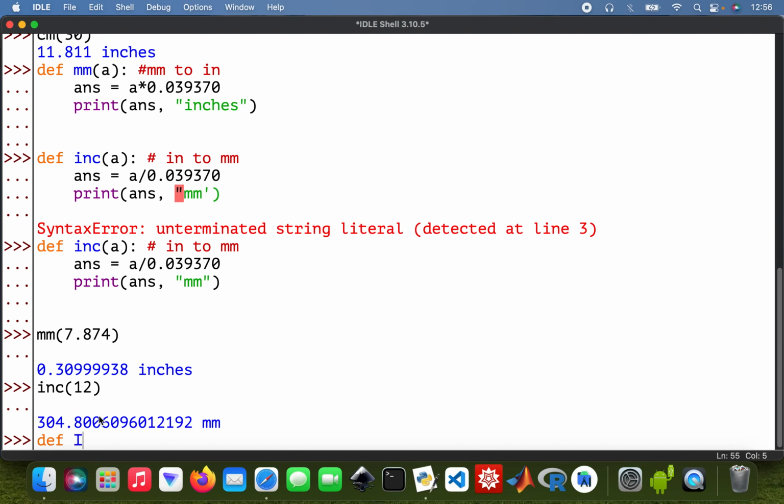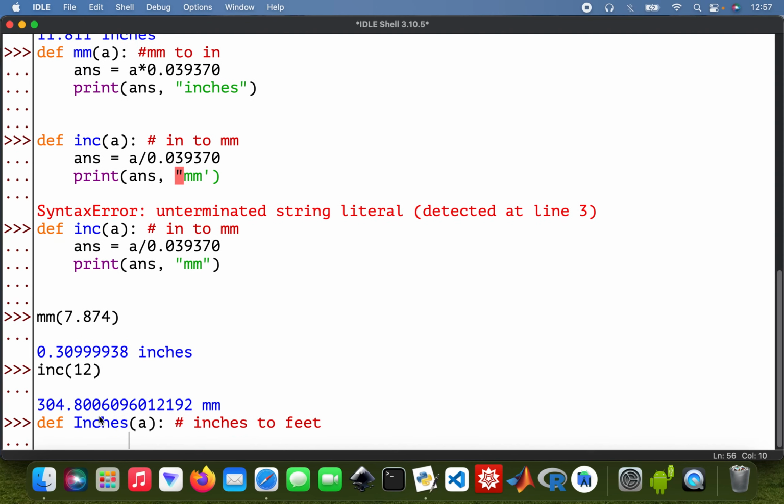So define, then capital I, so the answer is equal to a times 0.0833 and then 3.